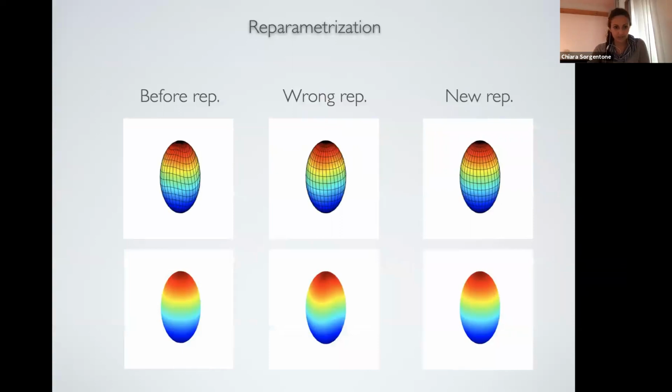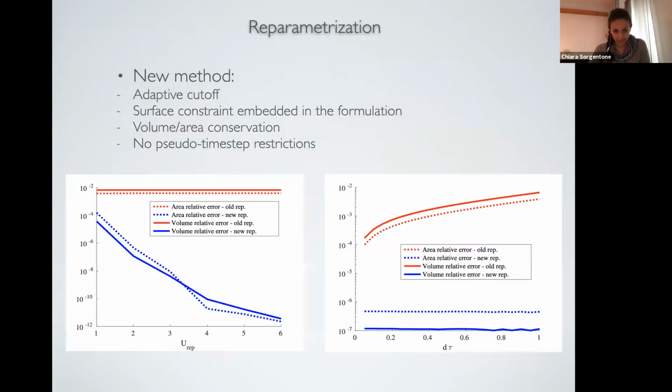And moreover, as you can see from this first plot, it has spectral accuracy. Here I'm plotting the error of the volume and of the area. In blue is the spectral reparameterization, and in red is the physical one. So you can see that in this case, we do have spectral accuracy.